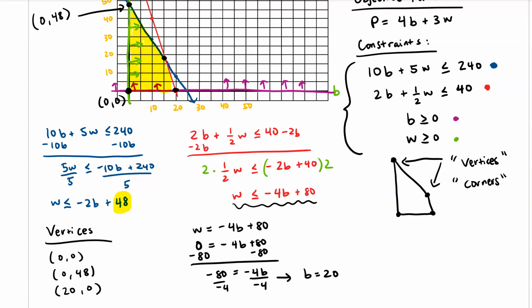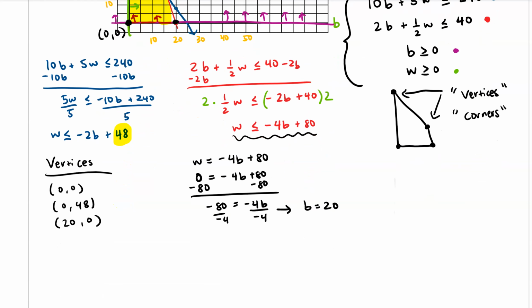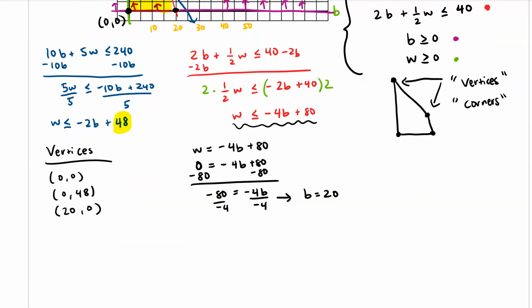Now notice, if you're able to see the colors, that that last vertex is where the red and the blue line cross. So that is useful because we can solve a system of equations, because we have the equation of the blue line and we have the equation of the red line.